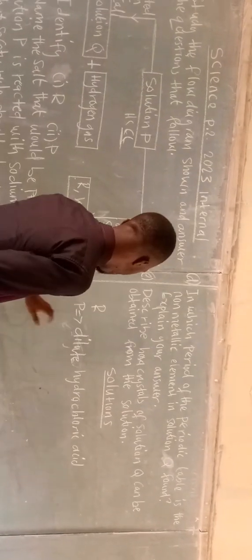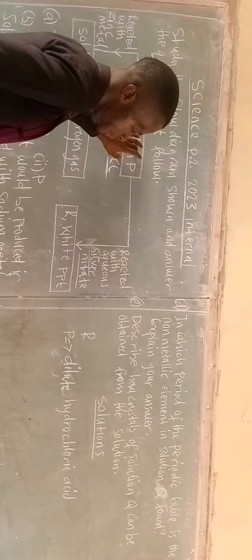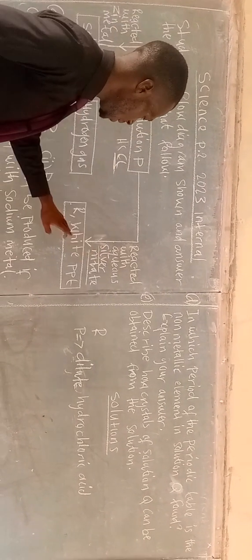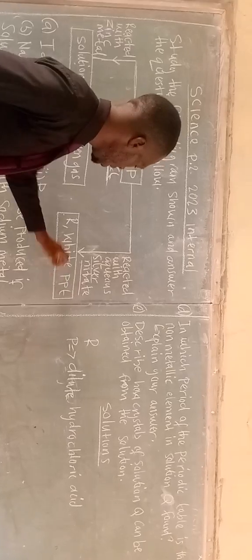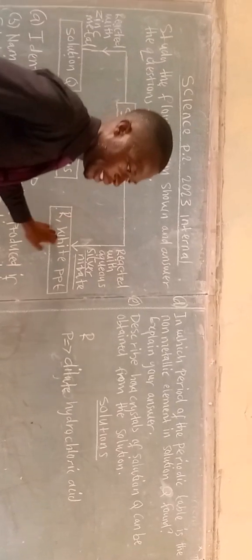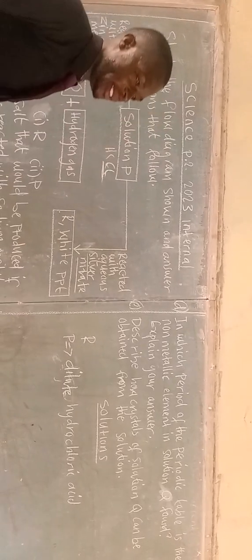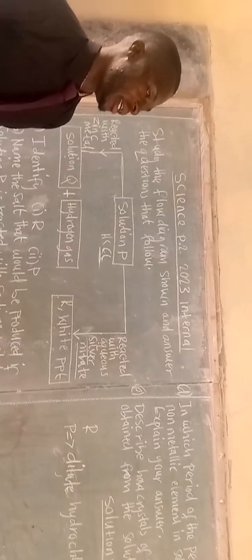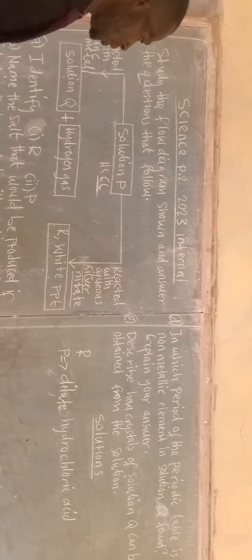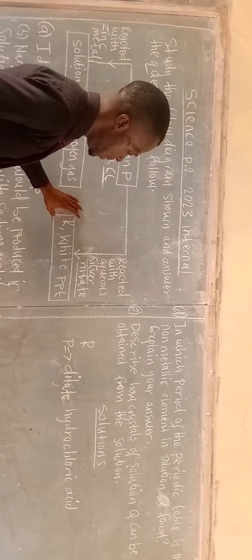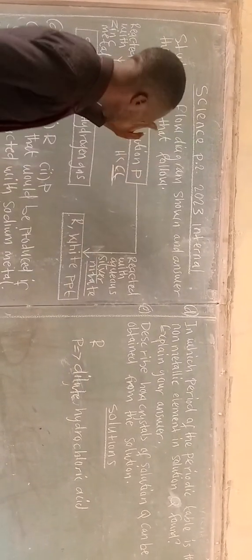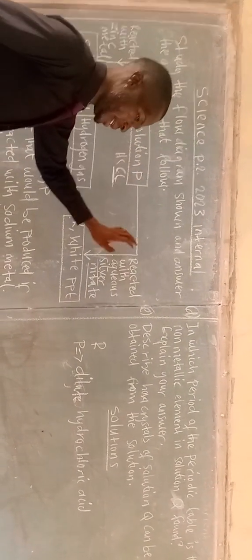Okay, so this dilute hydrochloric acid, which is P, is the one which was reacted with silver nitrate to give us white PPT. So what is this compound which can give us white PPT? When a PPT is given, it means it is a substance which is insoluble. So which insoluble substance can be made from the reaction of dilute hydrochloric acid, which is solution P, and silver nitrate?